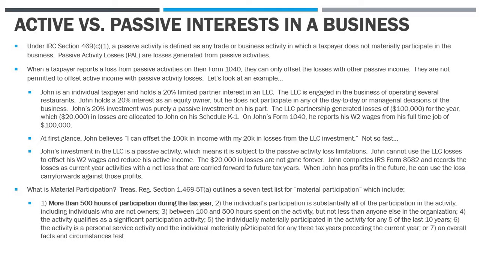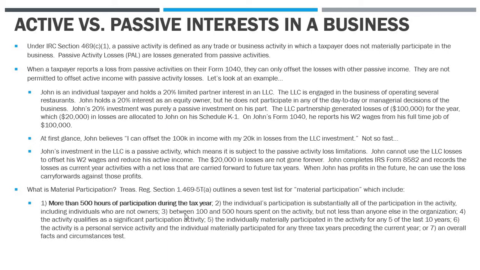If they're the only one doing any work, so let's say I set up a consulting business, I'm the owner, I do everything, I make the calls, I talk to the clients, I do the billing, there's no other employee. Even though it's only 30 hours of work a year, I materially participate in the business because I'm the only person doing anything. So in that case, it's an active business, active with respect to my participation in the company.